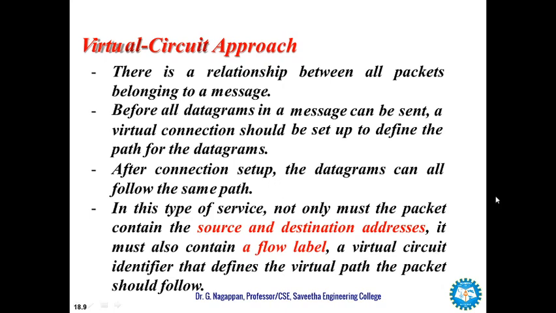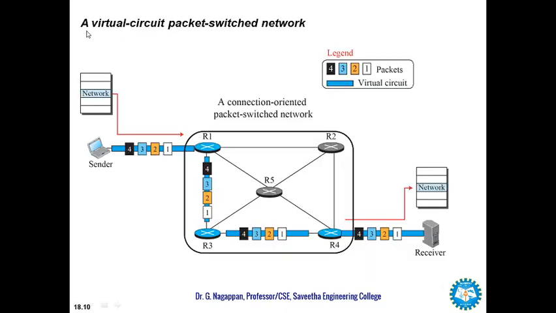In this type of service, not only must the packet contain the source and destination addresses, but it should also contain a flow label, a virtual circuit identifier that defines the virtual path the packet should follow to reach the destination.